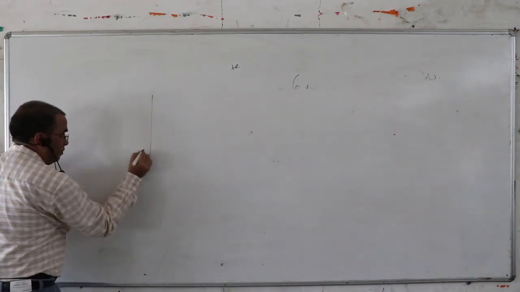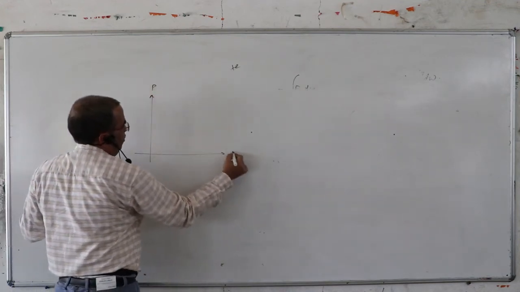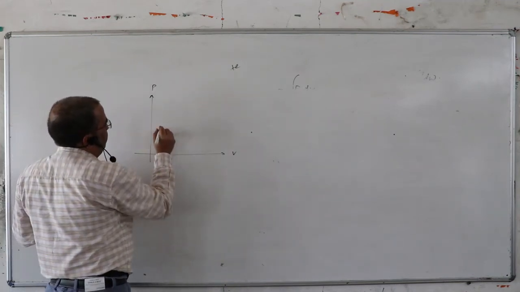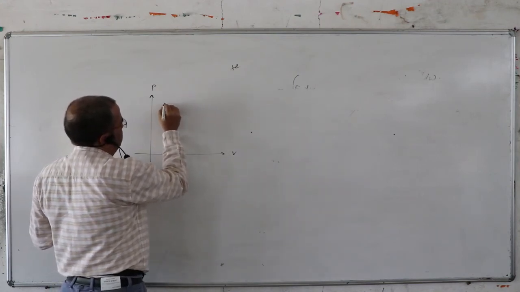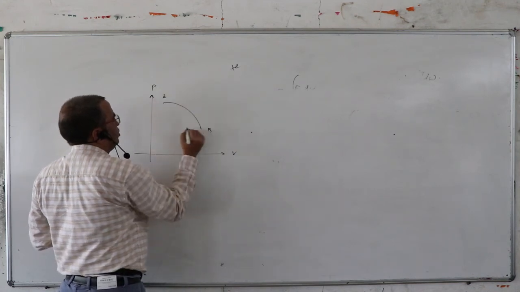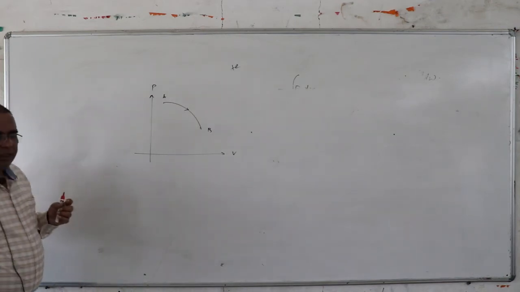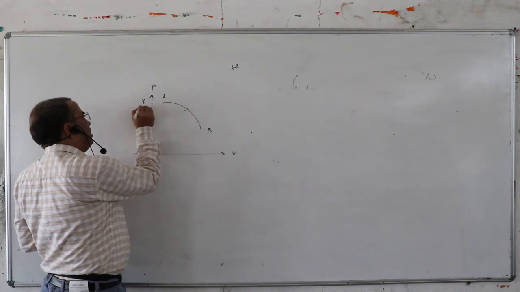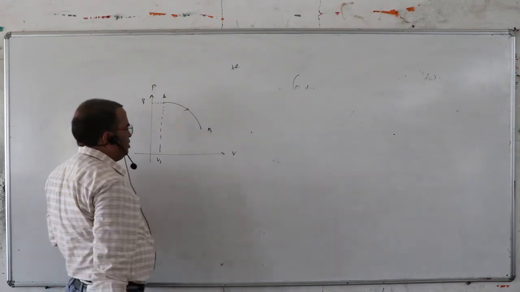I'm drawing an indicator diagram, P versus V. A gas is taken from A to B. That means pressure corresponding to A, a little bit P1, volume maybe V1, temperature as usual maybe T1.